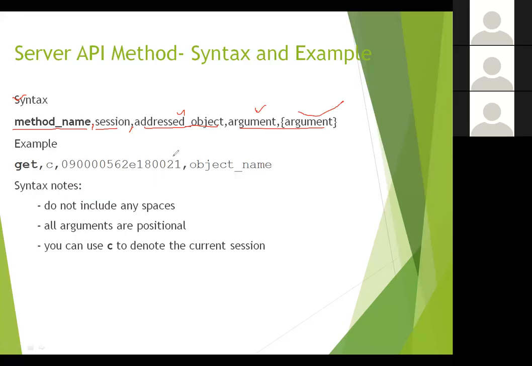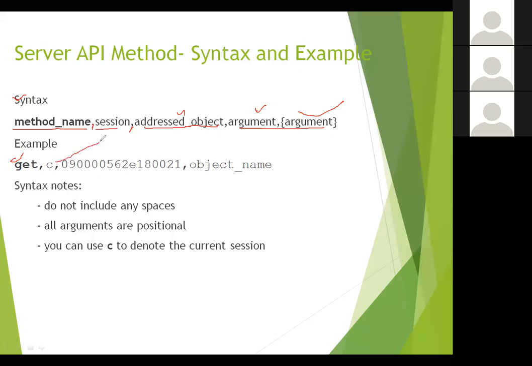For example, in case you want the value of one property of a particular object, there is a get method that fetches the property value of that object.